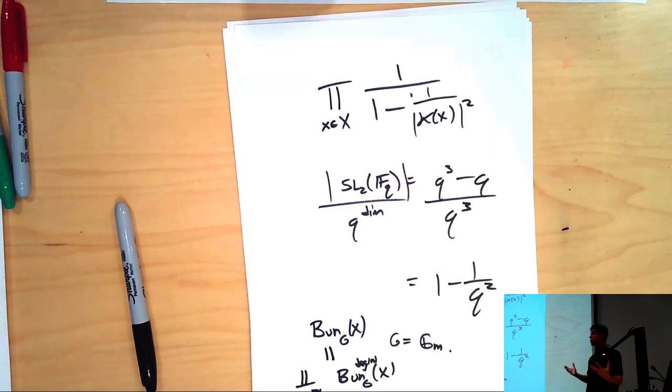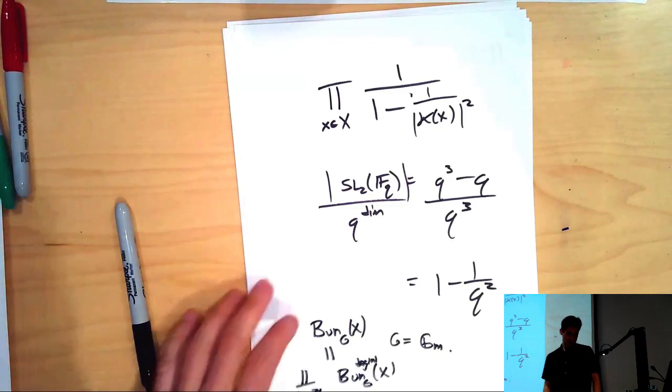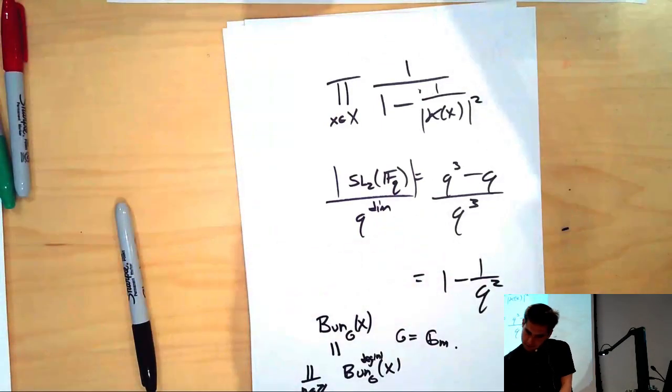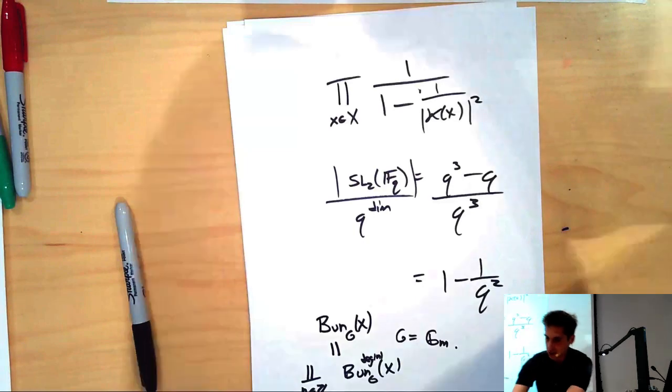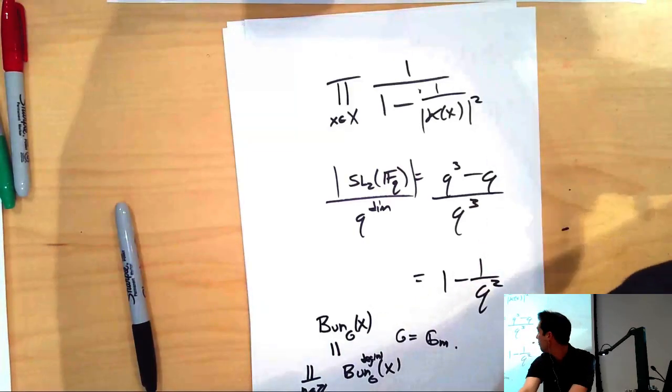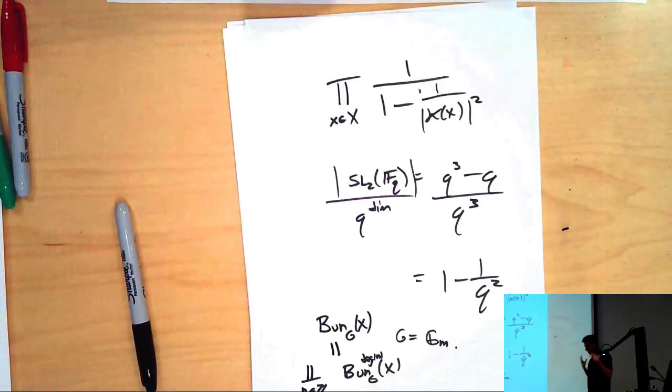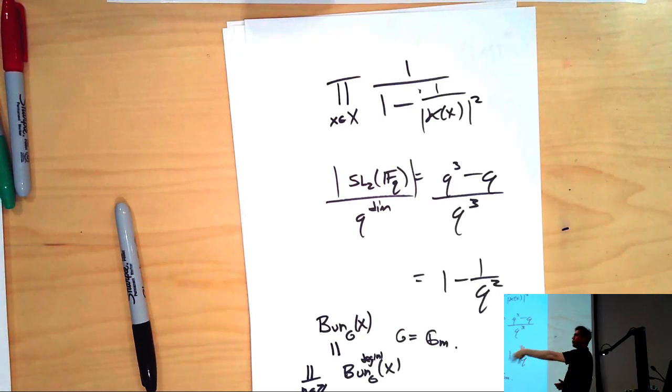The problem is that Bun_G is not quasi-compact. You're trying to say something about this sum, and this is really an infinite sum, so you have to prove that something converges. If you restrict to any quasi-compact substack of Bun_G, it becomes a finite sum, and you can deduce the trace formula from knowing that it's true for algebraic varieties.